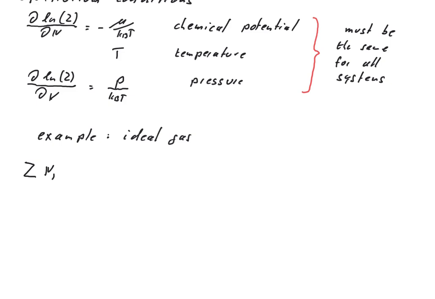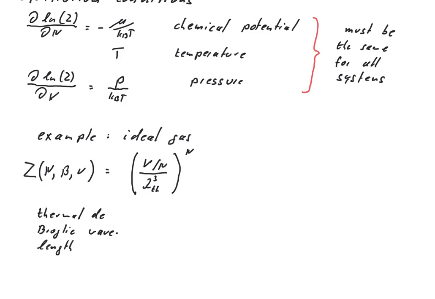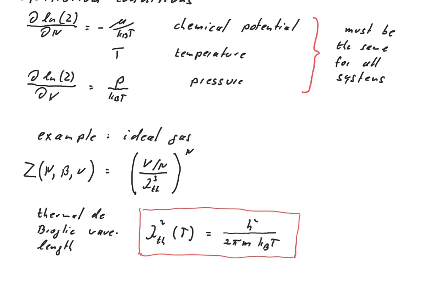It's given by Z of N, beta, and V is equal to the ratio of the volume per particle and the volume characterized by a typical length scale, the thermal de Broglie wavelength of that particle. The thermal de Broglie wavelength depends on, for example, temperature, but also on the mass of the particles, and it's given by lambda squared equal to h squared divided by 2 pi m kBT.